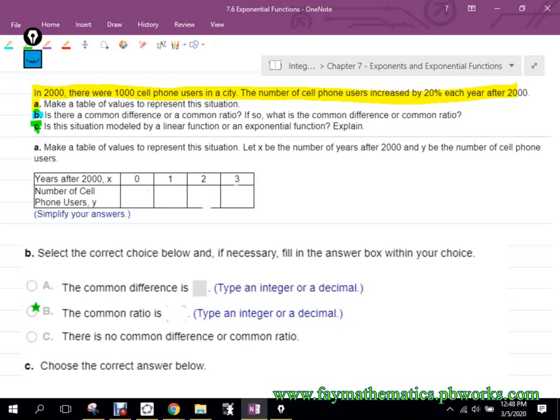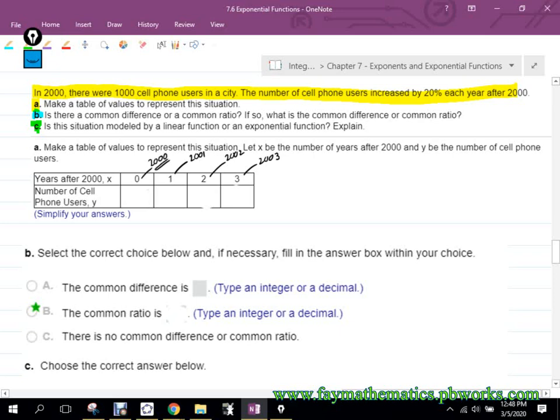And then 2 years will be from 2001 to 2002. What I want you guys to see here is that this 1 actually represents the year 2001. This 2 represents 2002. This 3 represents 2003. Therefore, this would represent 2000.